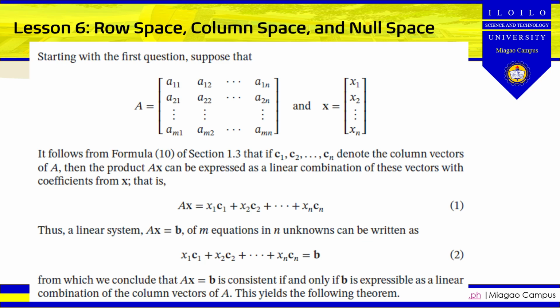Starting with the first question, suppose that A is a matrix and x equals x sub 1, x sub 2, up to x sub n. It follows from the equation a while ago that if c sub 1, c sub 2, up to c sub n denote the column vectors of A, then the product Ax can be expressed as a linear combination of these vectors with coefficients from x.